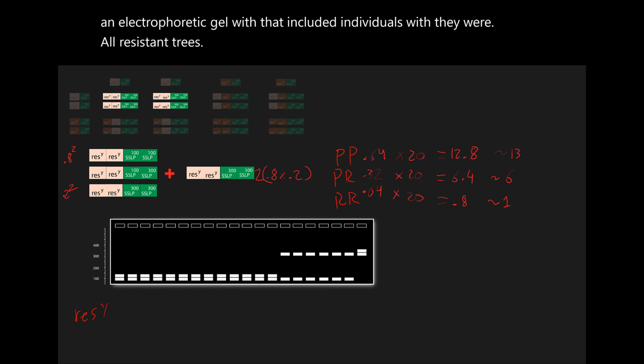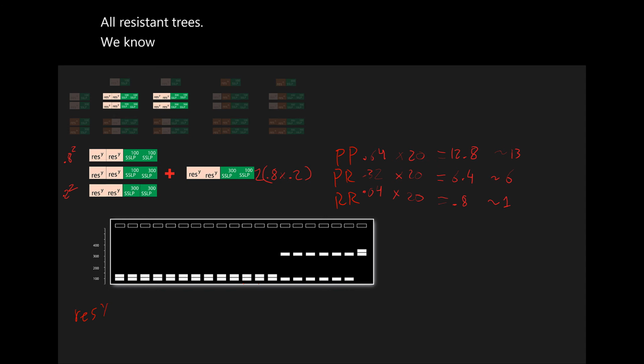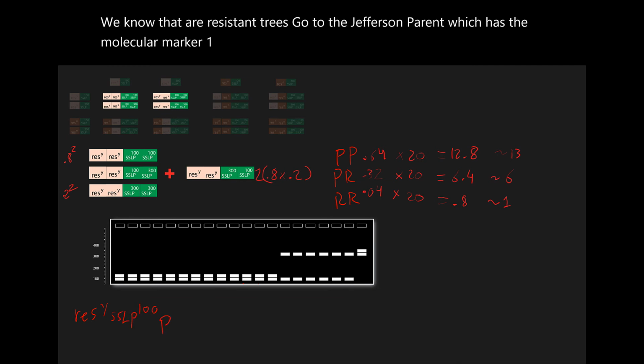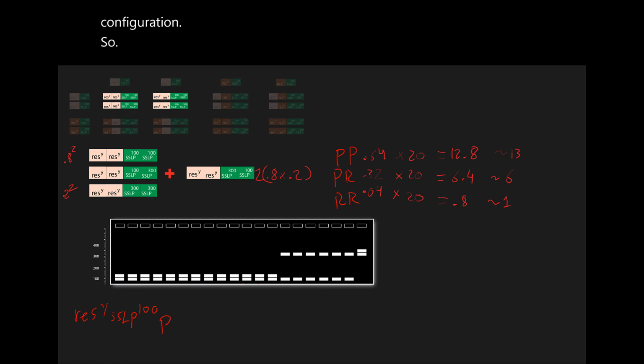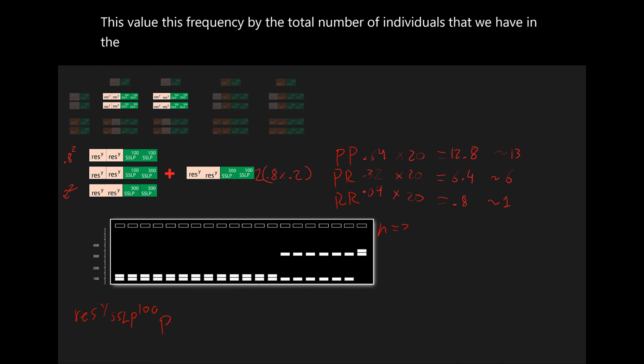We know that resistant trees go to the Jefferson parent, which has the molecular marker 100, so that must be the parental gamete configuration. So we can simply multiply this frequency by the total number of individuals that we have, n equals 20.